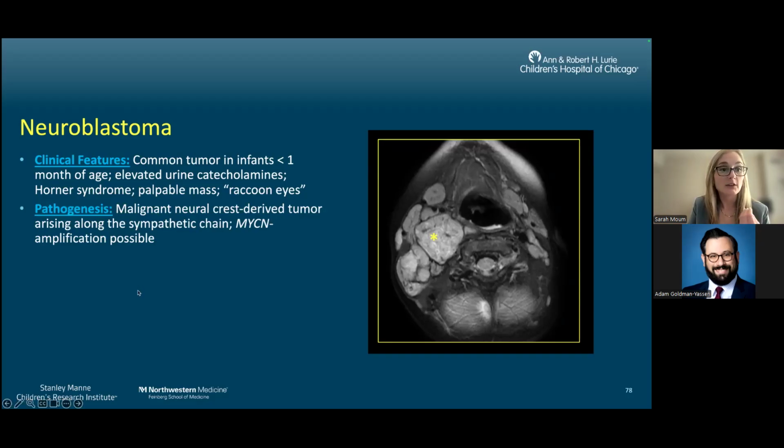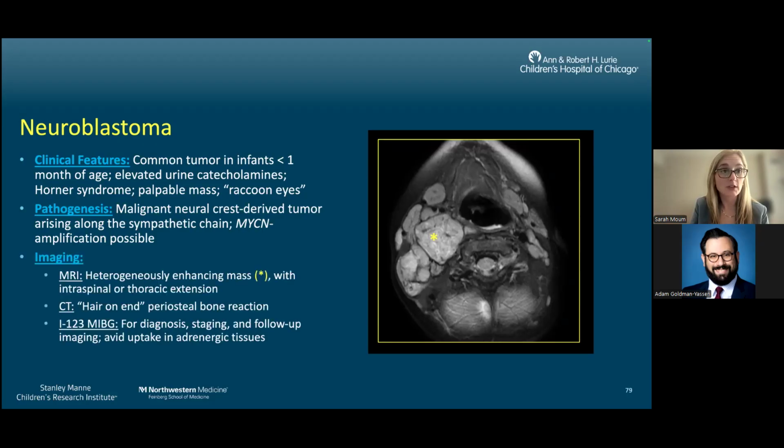So these are malignant neural crest-derived tumors arising anywhere along the sympathetic chain. If you have MYC amplification, that's an important feature to keep in mind when assessing these patients and their prognosis. On imaging, we'll see a heterogeneous enhancing mass that can have intraspinal or thoracic extension, depending on where in the head and neck it's located.